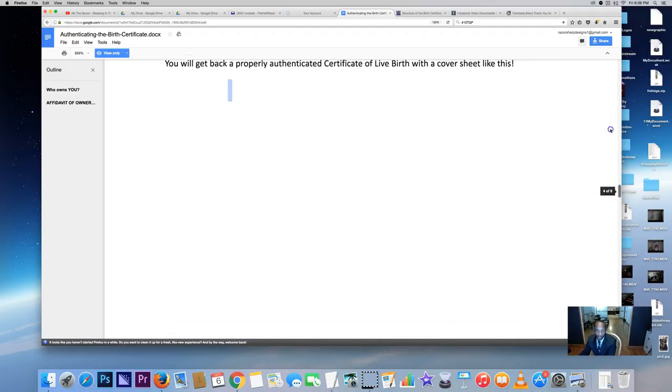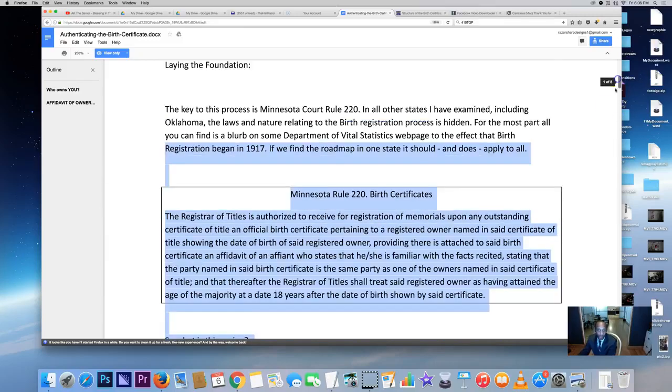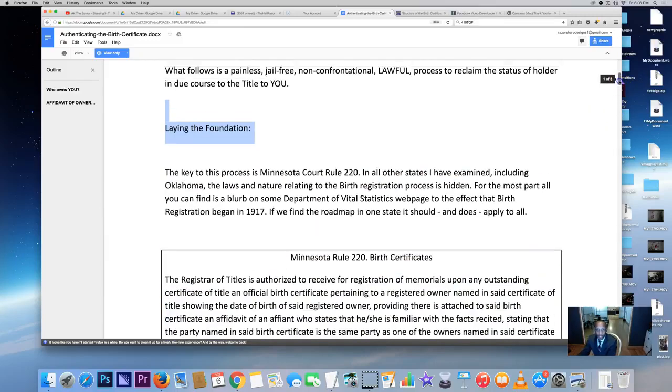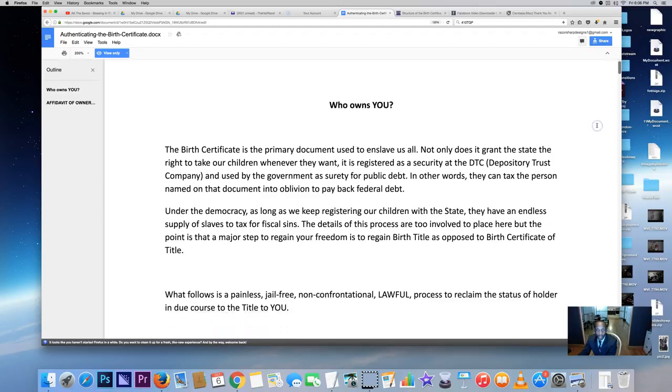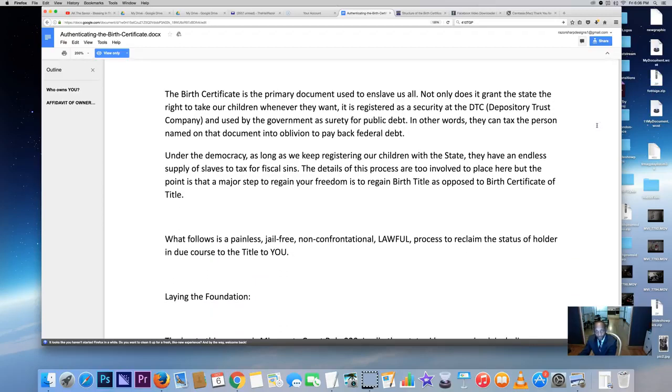Now, so let's go up here. Let's go to understanding why this is necessary. The birth certificate is the primary document used to enslave us all. Not only does it grant the state the right to take our children whenever they want to, it is registered as security at the DTC, the Depository Trust Company.